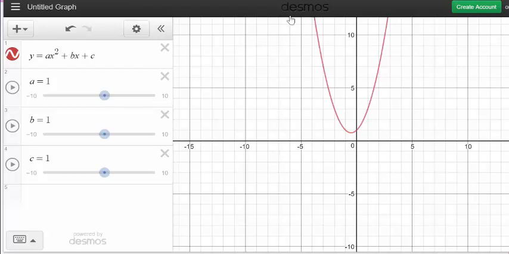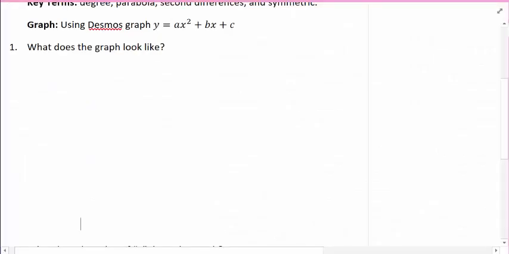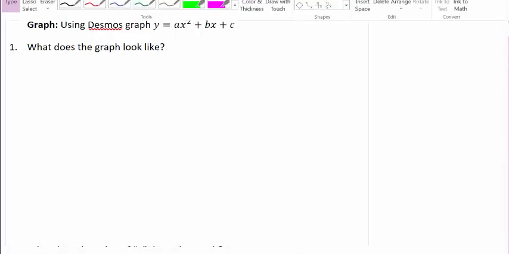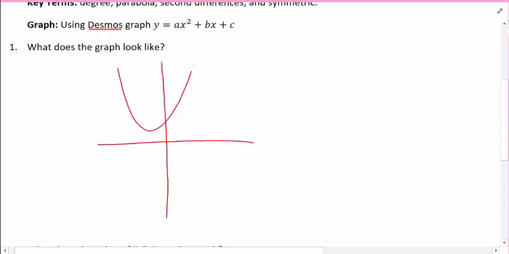All right, so you notice what the quadratic relation looks like. It's a curve there. So let's write that in our notes and sketch it. So the quadratic relation looks something like this.